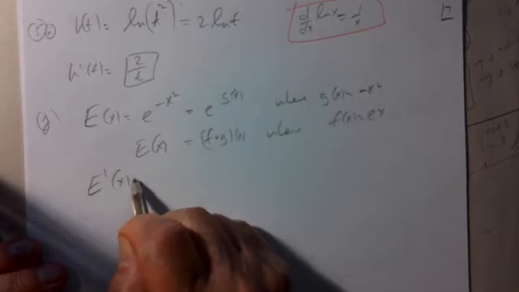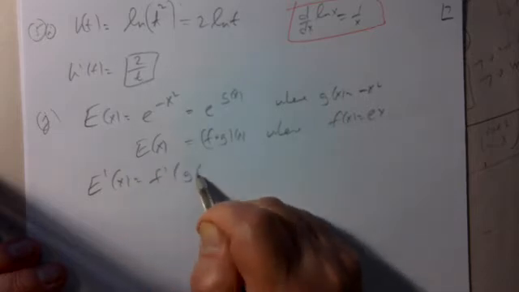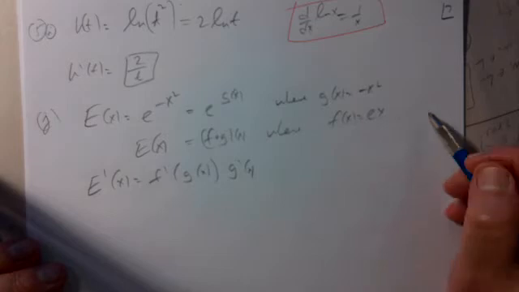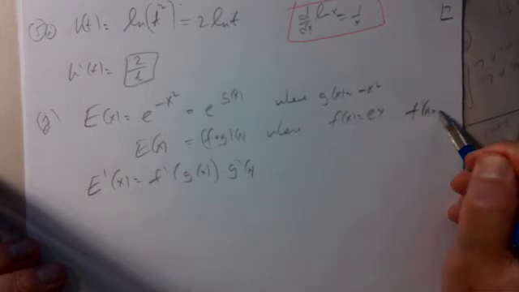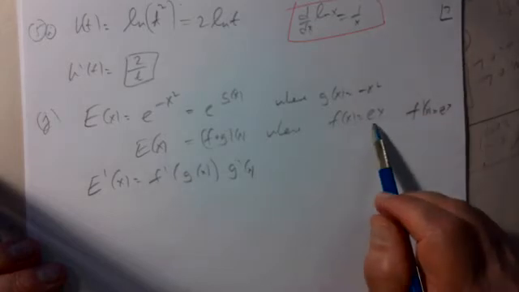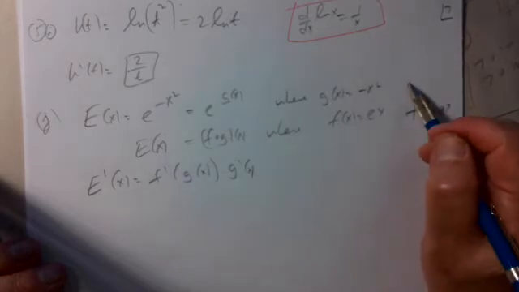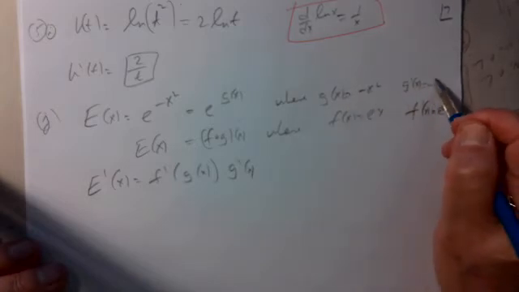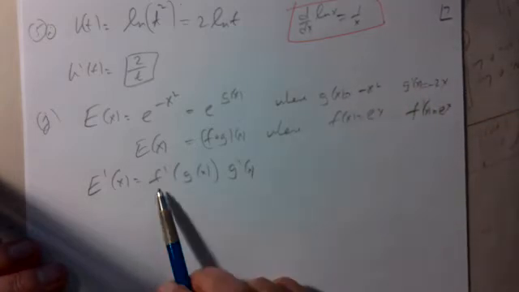So E prime of x is f prime of g of x times g prime of x. F prime is e to the x. The derivative of e to the x is e to the x. And g prime of x, the derivative of minus x squared, is minus 2x.